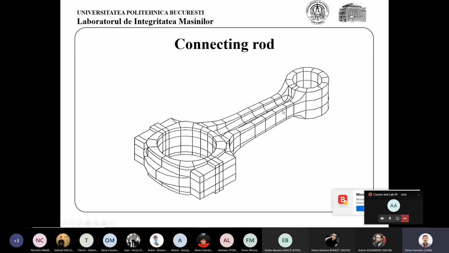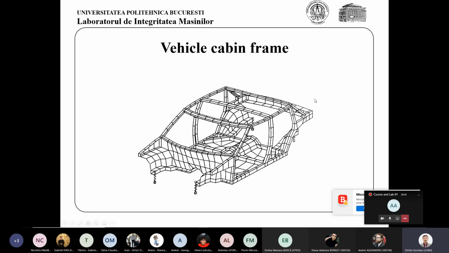This is a connecting rod with a mesh using so-called hexahedral elements. As you can see here, this body is divided, meshed with some particular finite elements, and these particular finite elements are hexahedral elements.